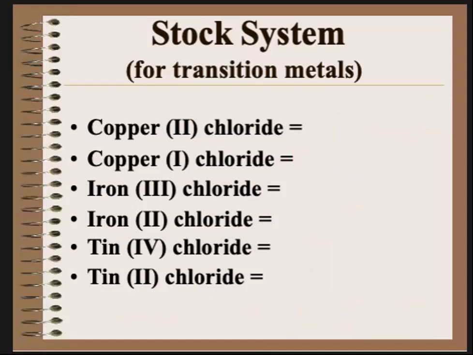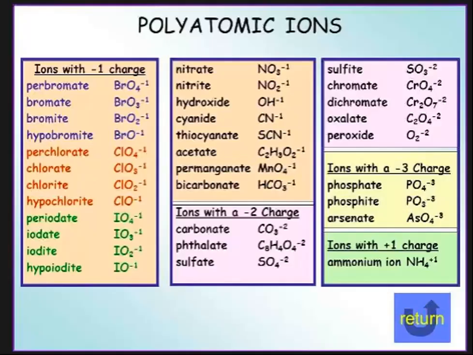Next, what about polyatomic ions? You have there in your periodic table the list of polyatomic ions, or you may take a screenshot of this. One thing to note in polyatomic ions, ammonium is the only polyatomic ion that has a positive charge. The rest, as you can see on the screen, are -1, -2, or -3.